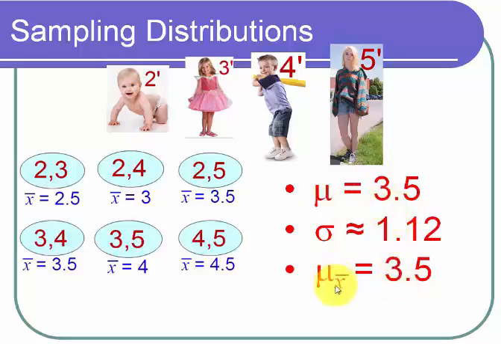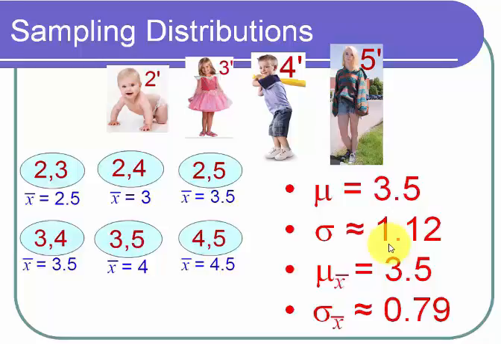It turns out the sampling distribution for the sample mean will have a mean, a population mean of the sample means, always equal to the population mean that we started with. On the other hand, if I take the standard deviation of these 6 numbers, what I get is sigma sub x bar is 0.79.